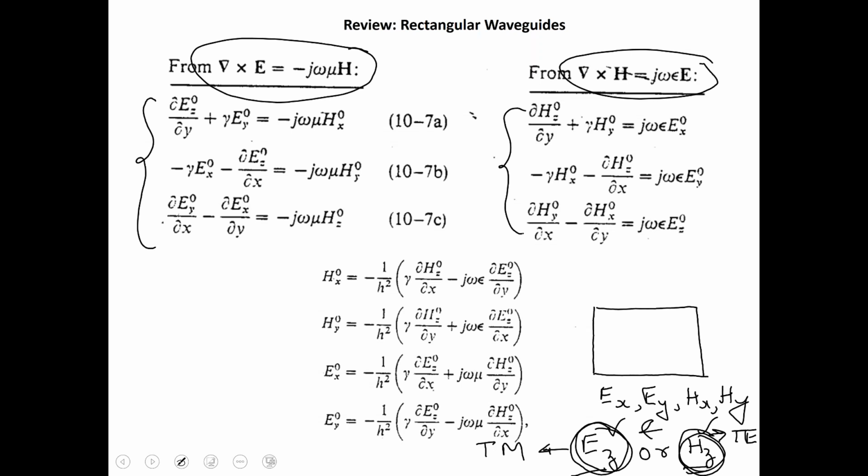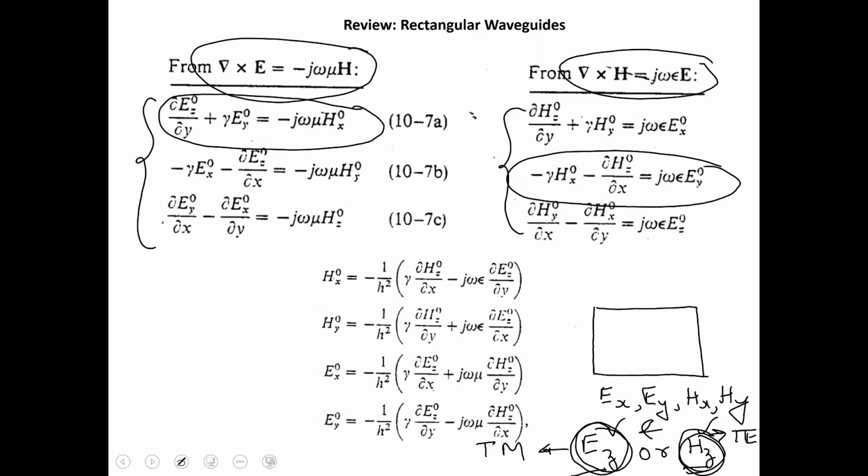What we want to do is that if we know the value of Ez or Hz, we want to be able to calculate what a specific field in the x or y direction is: Ex, Ey, Hx, or Hy. So we want to write equations of Ex, Ey, Hx, Hy in terms of Ez and Hz. By taking one equation from here and another equation from here, we can write an equation in terms of Hx.